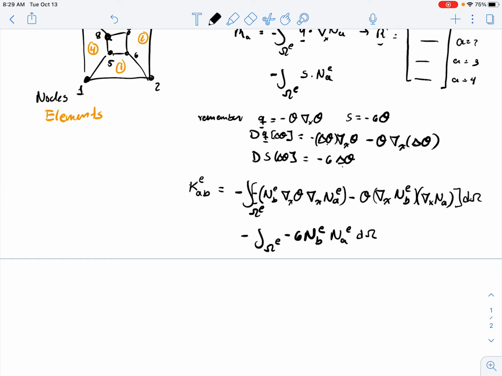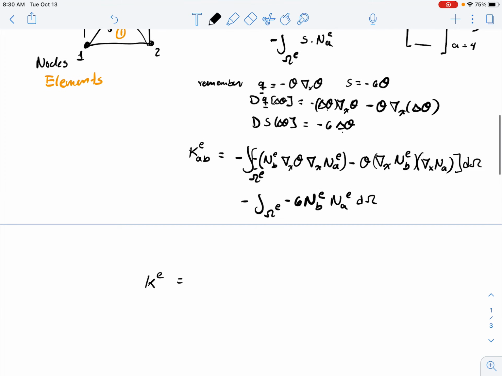It clearly has indices A and B because I have the original shape functions that I had before, which corresponded to these weighting functions, and now I have new shape functions which correspond to the increment for the linearization. So these will go into this 4x4 matrix.